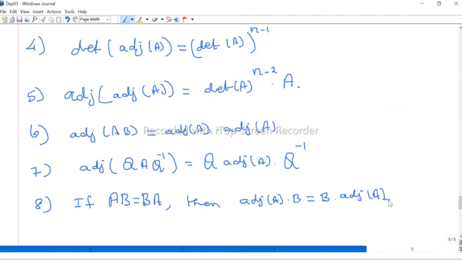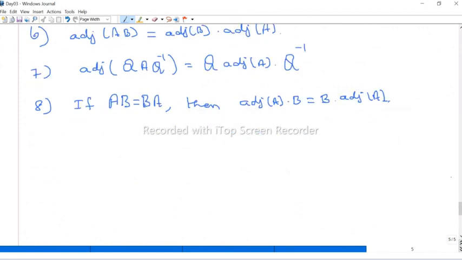Now, in general, geometrically, what do you mean by the determinant? If you take 2 by 2 matrices, the determinant is nothing but the area of a parallelogram.